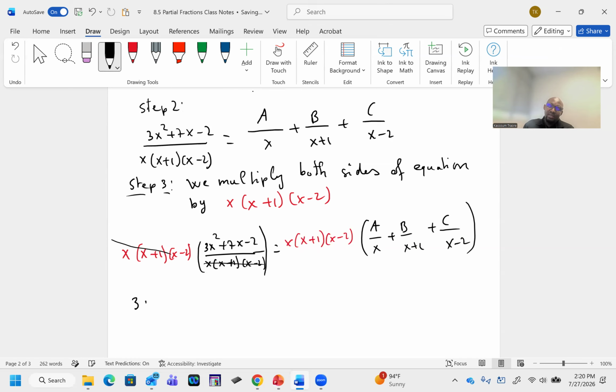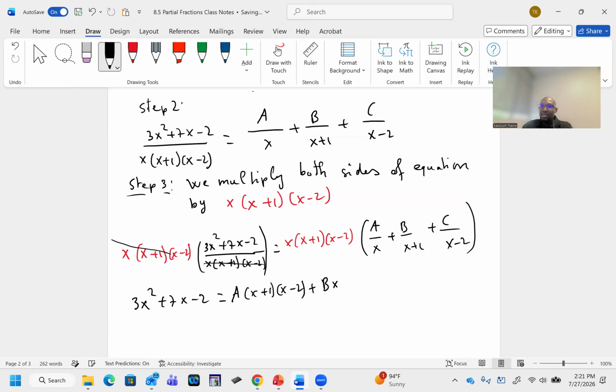3x squared plus 7x minus 2 should be equal to, if I distribute this inside, for the first fraction inside the parenthesis, x and the denominator x will cancel out. So we will be left with a times x plus 1 times x minus 2, plus b times x plus 1, and x plus 1 will cancel out.